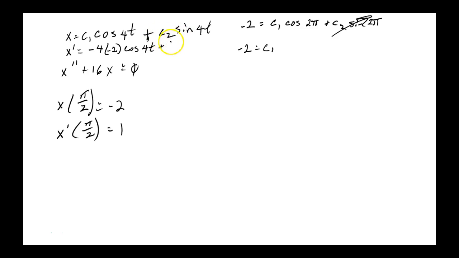Oh, okay, we got negative, plus 4 C2. Okay, well, you let me mess that up, didn't you? This is a sine here. This is sine 4t. You take a derivative of cosine, you get negative sine. And this will be cosine 4t.